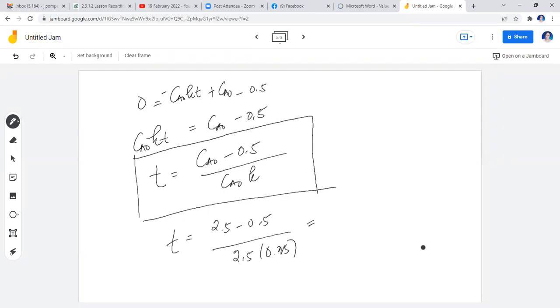So check the answer. You have 2 in the numerator divided by 2.5 and divided by 0.35. So you have 2.29. Okay, let's check. 2.286, or that's 2.29. So let's go back to our slide.